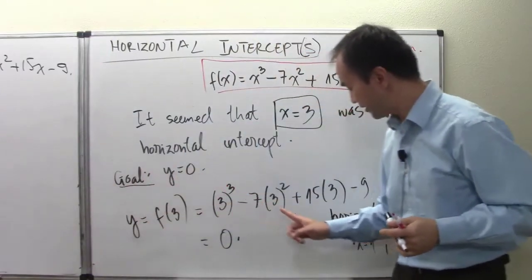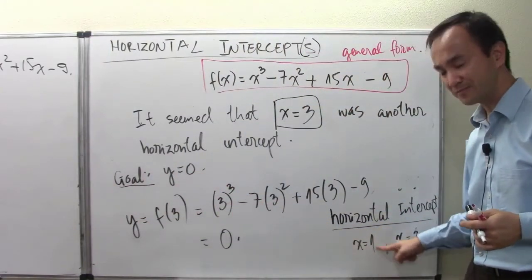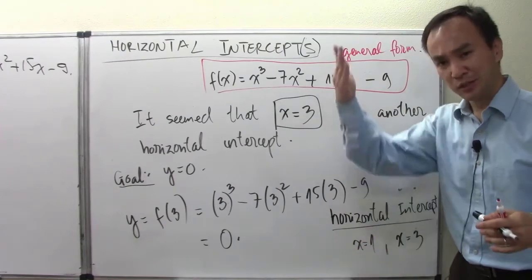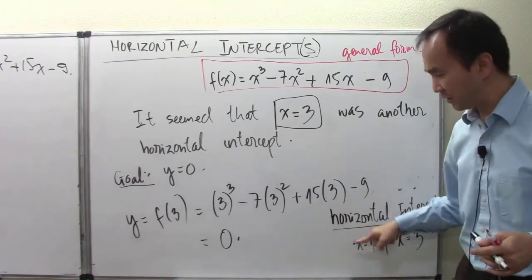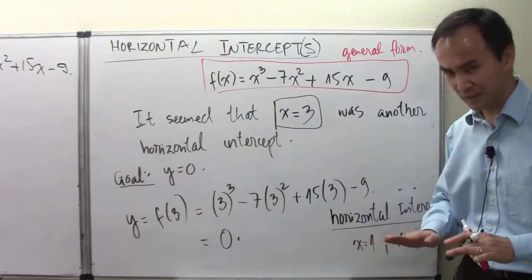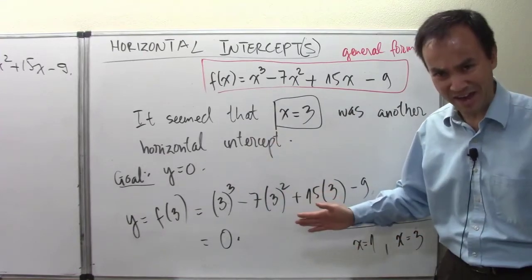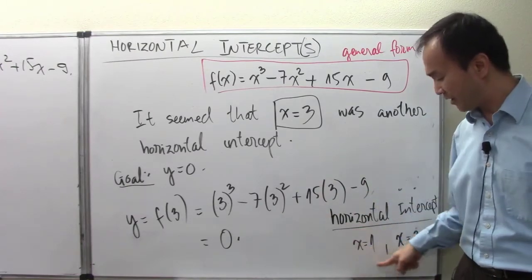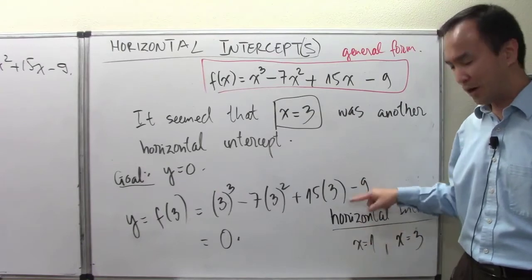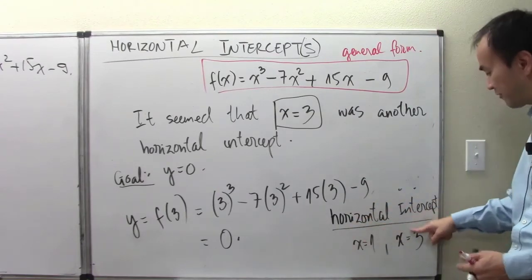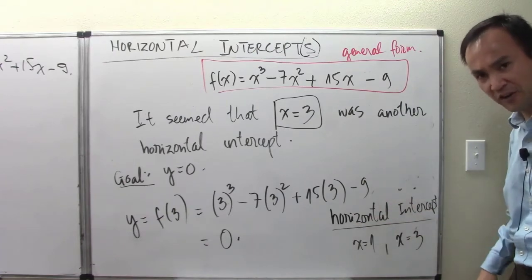Didn't we agree earlier that x equals 1 was one of the horizontal intercepts? We found this through the graph, and we verified this through the mathematical work. But I don't want to close the case there, and I want to keep seeing more details. We had 2 horizontal intercepts for this particular function.